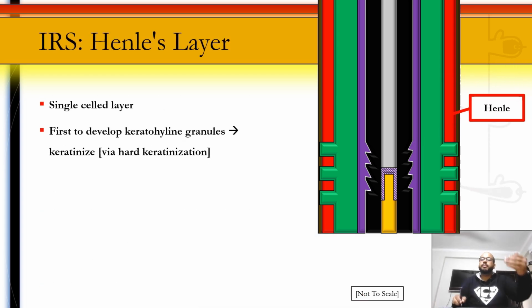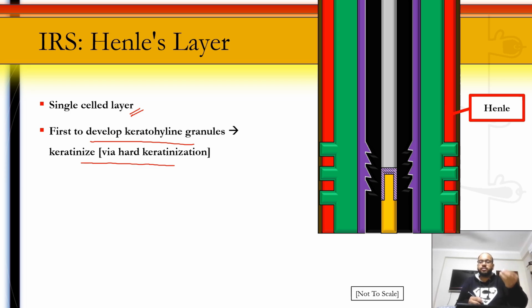Now, the layer just below the companion layer is the Henle layer, the second layer. It's a single cell layer, so you can see how thin it is. And the Henle layer is the first to develop keratohyalin granules, and it is the first to keratinize. So the first structure that starts keratinization, that hard keratinization, should be the first to keratinize by using the hard keratinization process, and because of that it becomes the first structure to show keratinization.